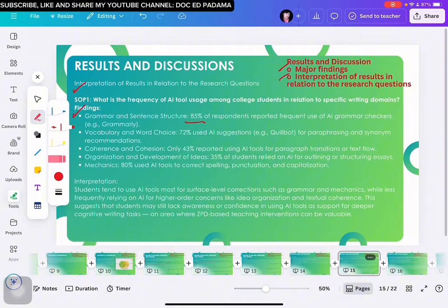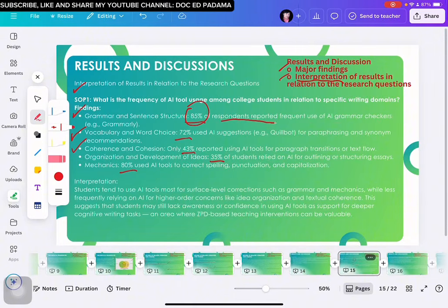Okay, so for this part, we have 5 domains. Grammar, vocabulary, kung babalikan ninyo, makikita niyo yan. Coherence, cohesion, organization, and so on and so forth. So all of these are part of the findings of the study. Galing yan doon sa mga table. So ipe-present nyo yan. And then, you also have to present the interpretation of these numerical values.